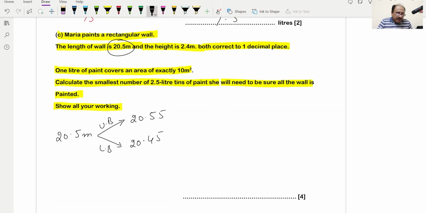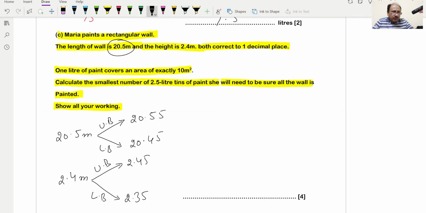Similarly, the other number is 2.4 meters, with upper bound 2.45 and lower bound 2.35.